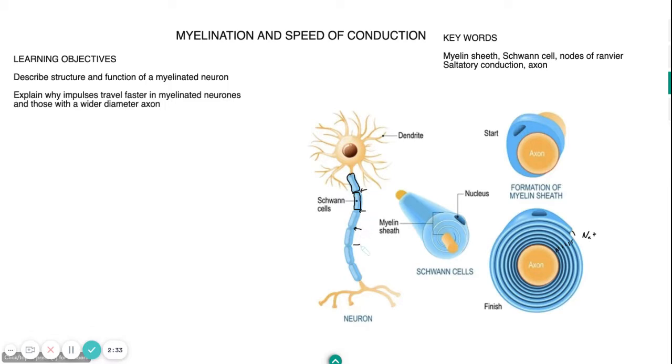It's basically the little gap where each Schwann cell is meeting each other. So where each myelin sheath is meeting. So these little gaps here, they are called nodes of Ranvier, and that's the only place where sodium ions can diffuse in.